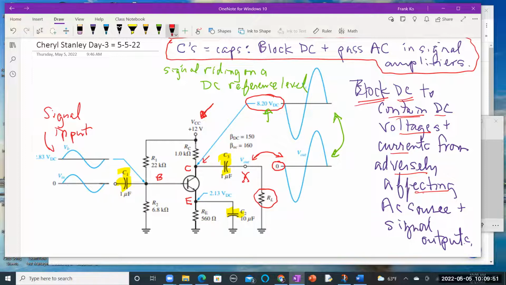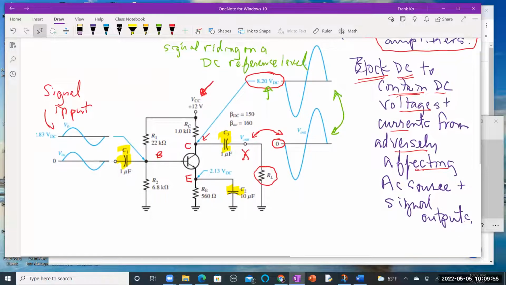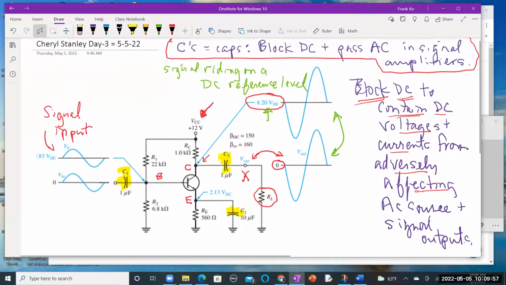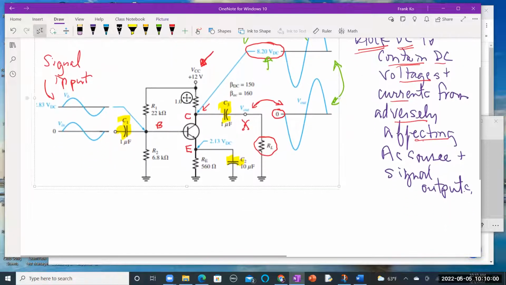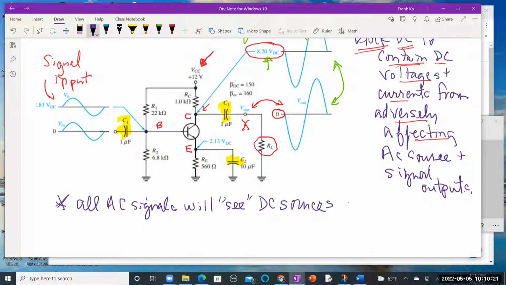Okay, another thing to keep in mind here. Another very important concept is right here: all AC signals will see DC sources as ground.